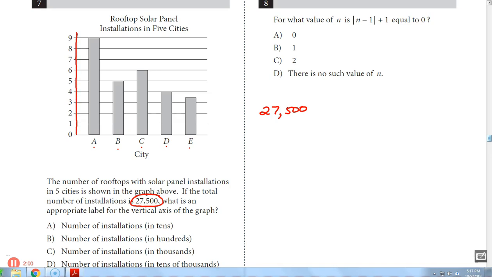They want me to know, are we talking tens, hundreds, thousands, or 10,000s? So I have to look at the numbers here. This bar goes up to 9, this one goes to 5, this one goes to 6, this one goes to 4, and over here it looks like maybe halfway, maybe 3.5.